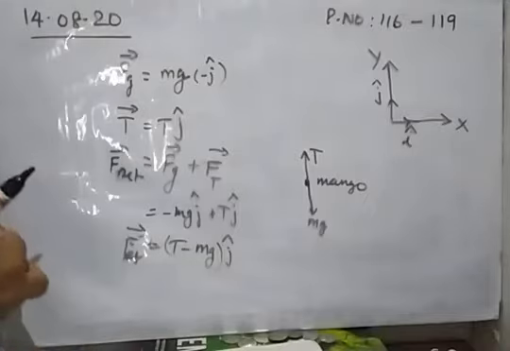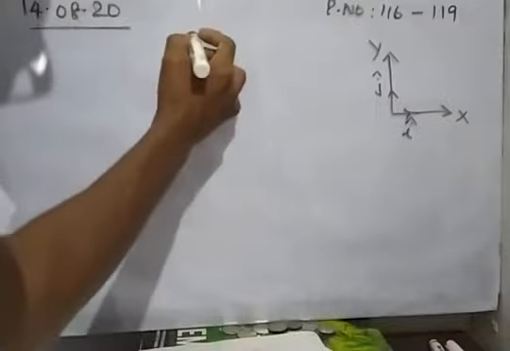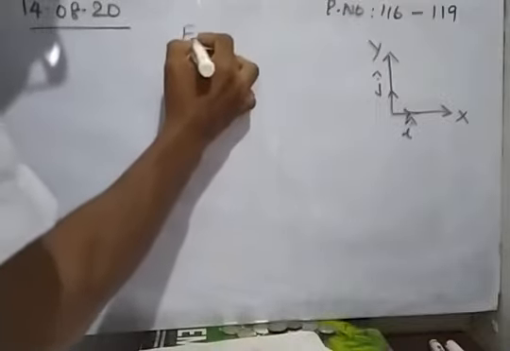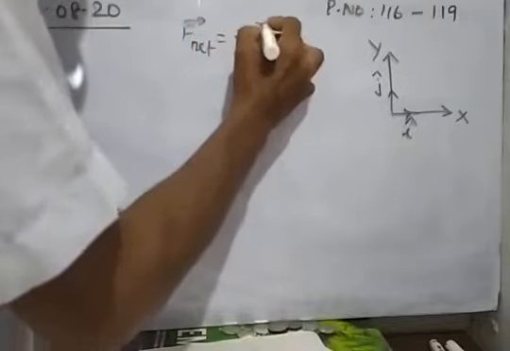From Newton's second law, what is Newton's second law? F is equal to mass into acceleration. Therefore, the net force should be equal to mass into the acceleration vector.